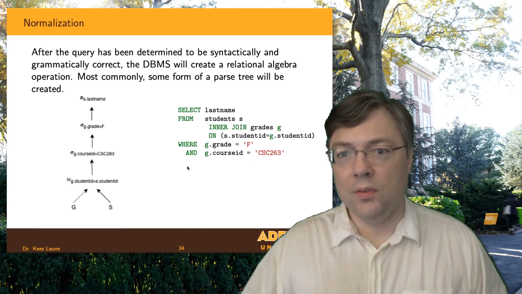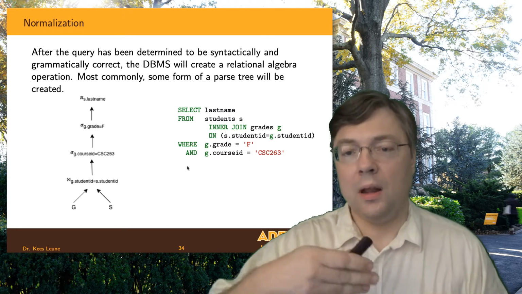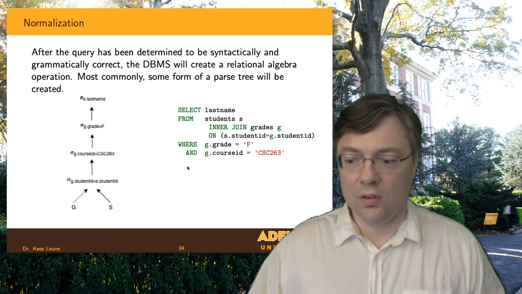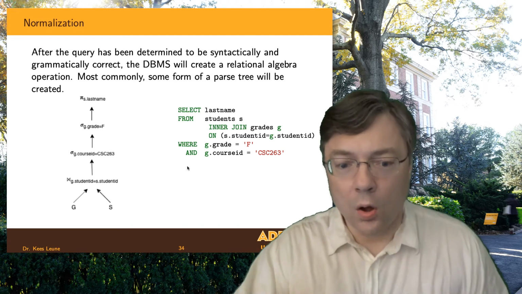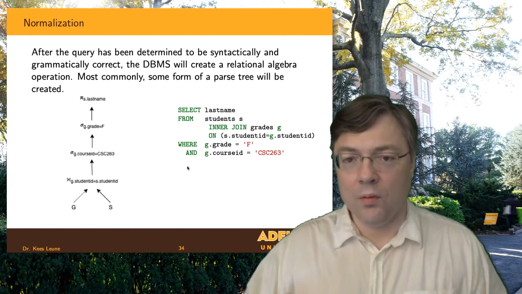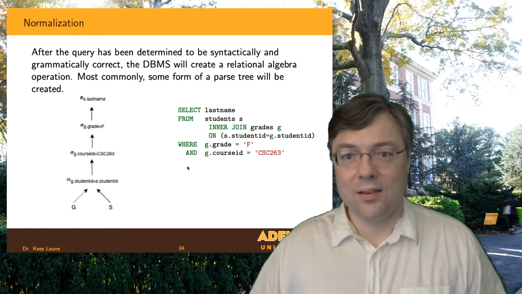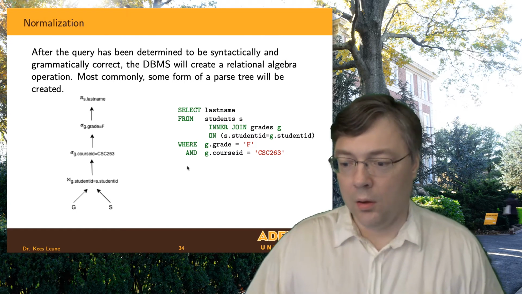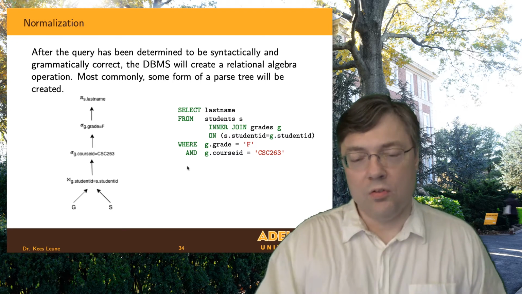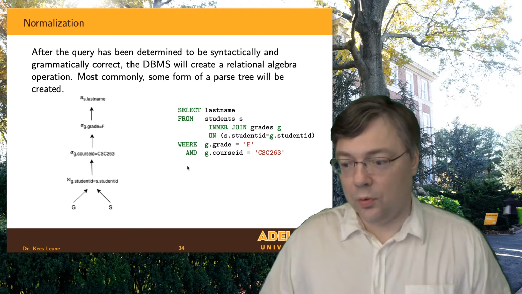And only when we've done that can we start filtering out only those courses for 263, and then only those that have an F. And then for those students that we have left in their grades, we're only interested in last name.